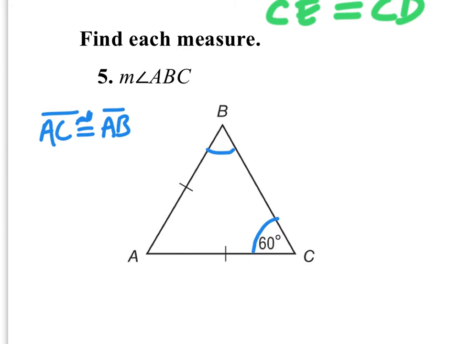If this measure is 60 degrees here, then this one has to be 60. It was asking what's the measure of angle ABC, and because these two segments are congruent, the measure of angle ABC is equal to 60 degrees.